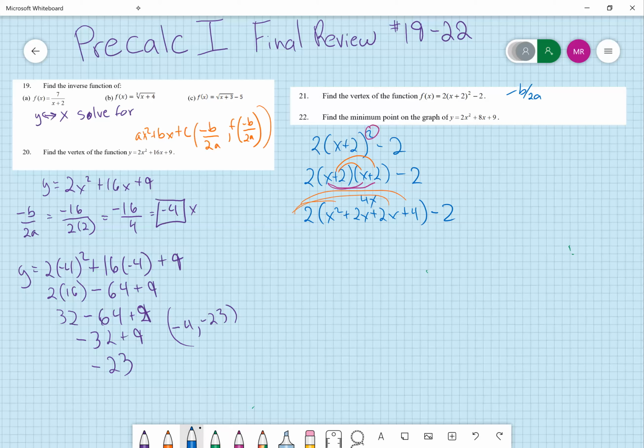So this gives us 2x squared plus 4x times 2 is 8x, plus 2 times 4, which is 8. And then this 8 minus 2, we finally get to incorporate that in. So our final formula is 2x squared plus 8x plus 6. Right now we still want to worry just about our a, which is 2, and our b, which is 8.